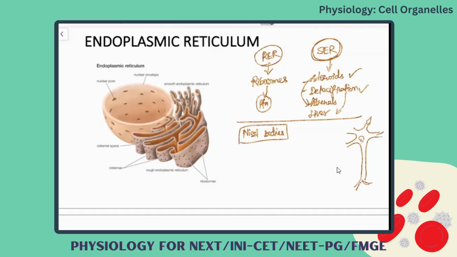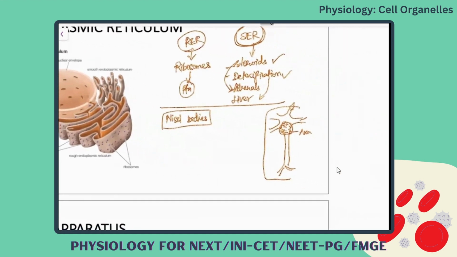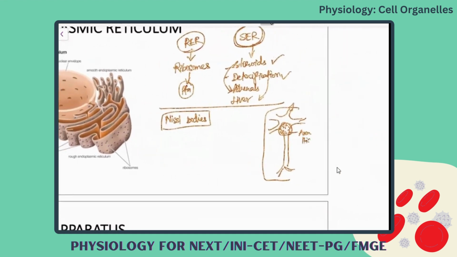What is this entire structure? Neuron. Everyone is aware of this? Yes, this is the neuron and this is the axon hillock. And where are the Nissl granules? They are the rough endoplasmic reticulum of the neurons.